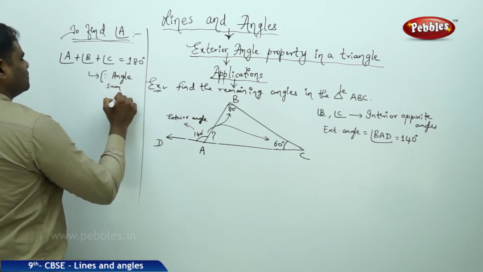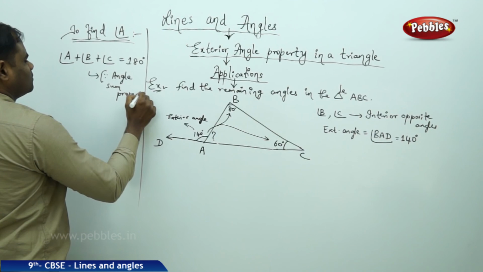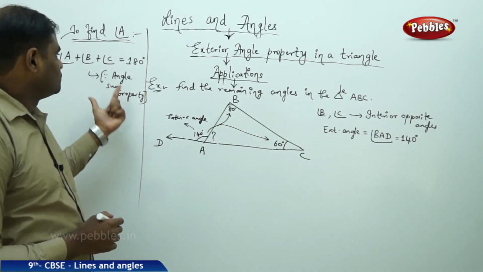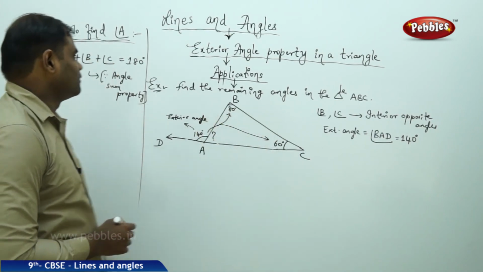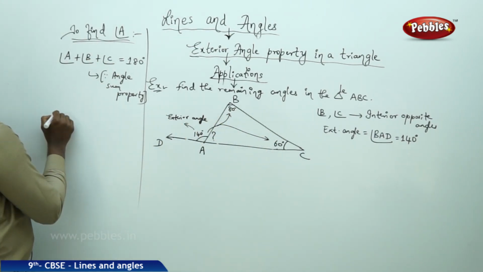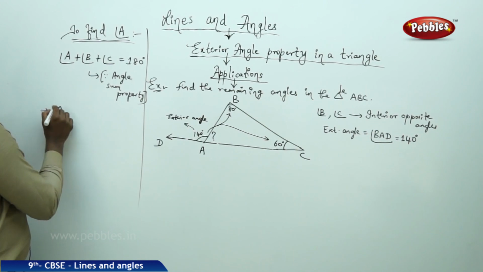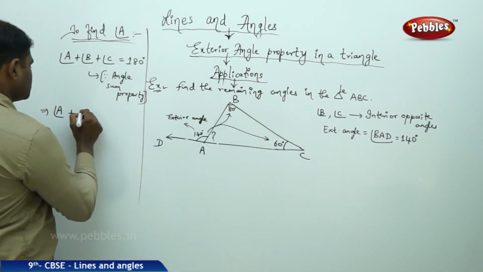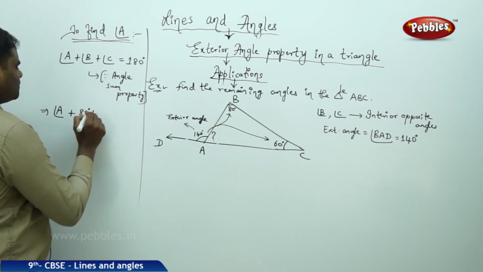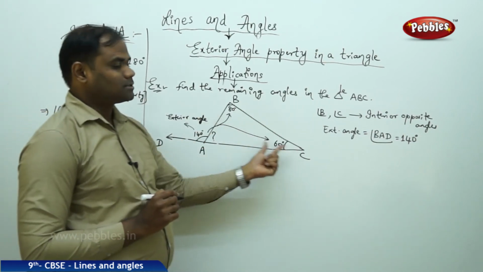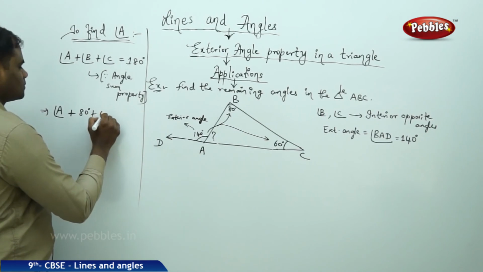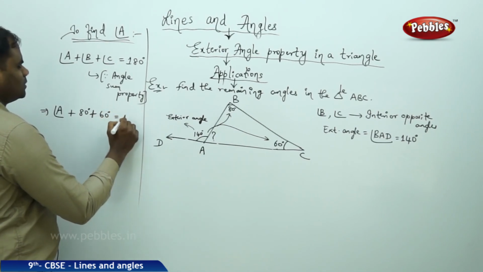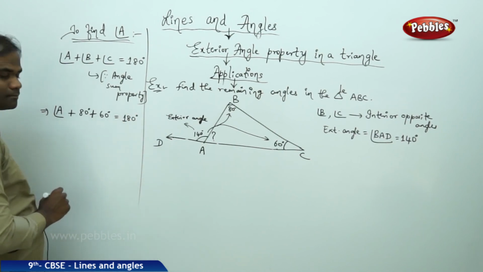Angle sum property is what we get. Now substituting the values of B and C, I get angle A plus angle B, which is 80 degrees, plus angle C, which is 60 degrees, equals 180.